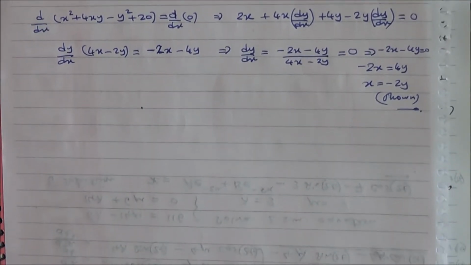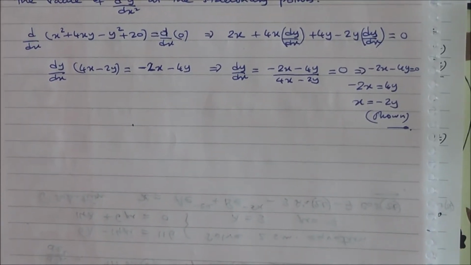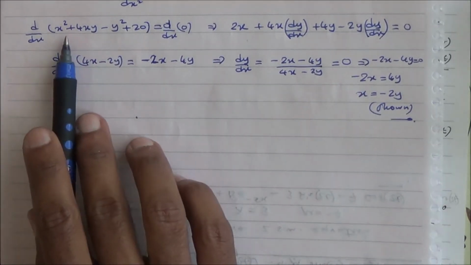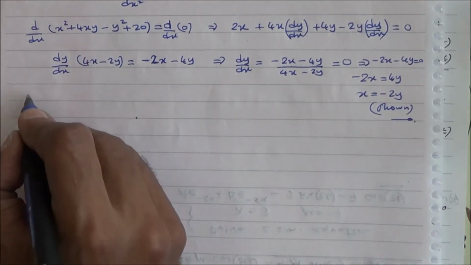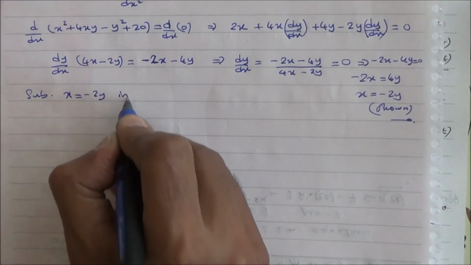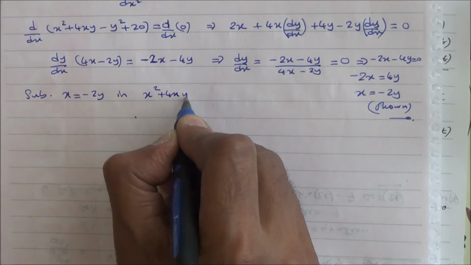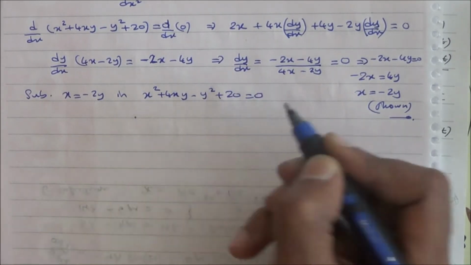Okay, now where do we go from here if we want to find the coordinates of the stationary point? What we can do is substitute x equal to minus 2y into the equation of the curve. Substitute x equal to minus 2y in x squared plus 4xy minus y squared plus 20 is equal to 0.